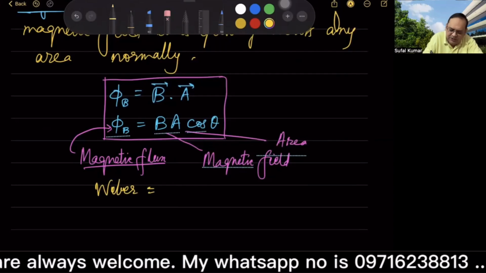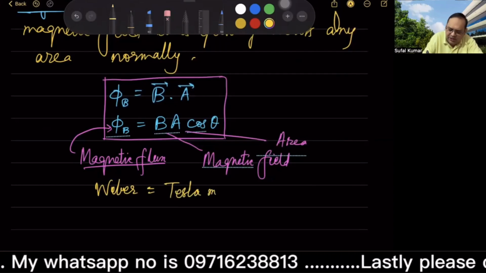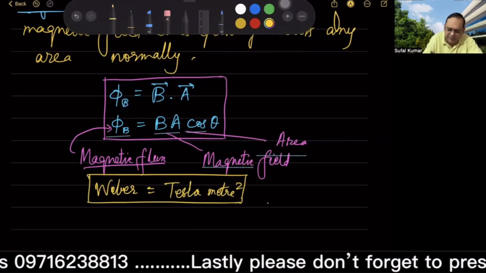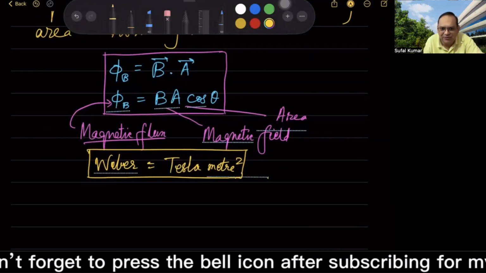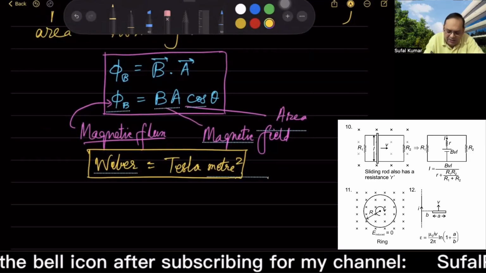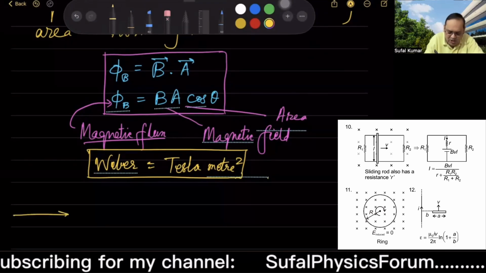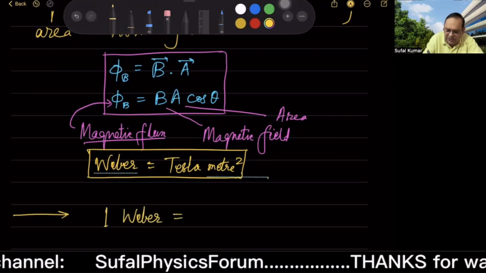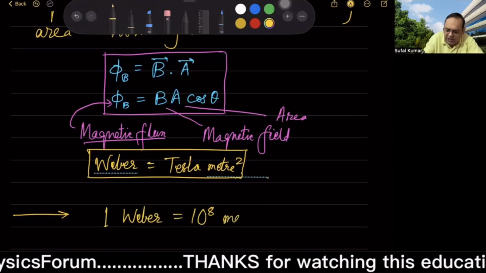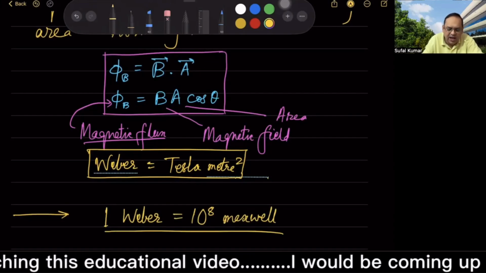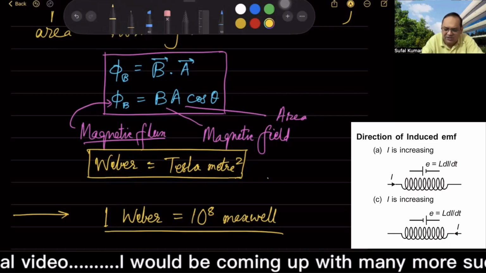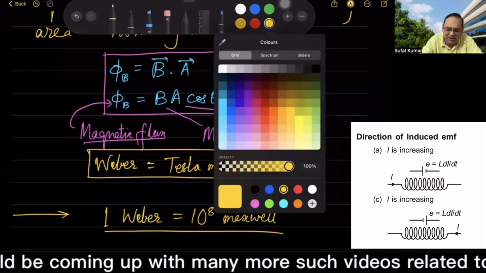Weber is equal to Tesla meter square. That means the SI unit for measuring flux is Weber. And one more point, 1 Weber is 10 raised to 8 Maxwell. You must have got this idea that Maxwell is the CGS unit.